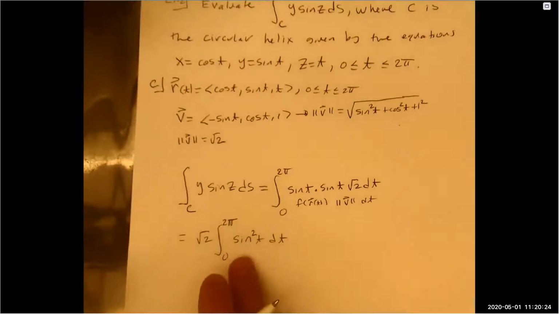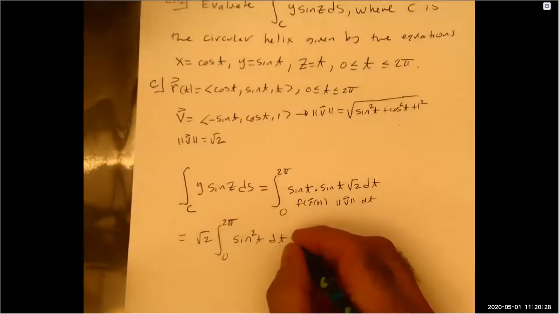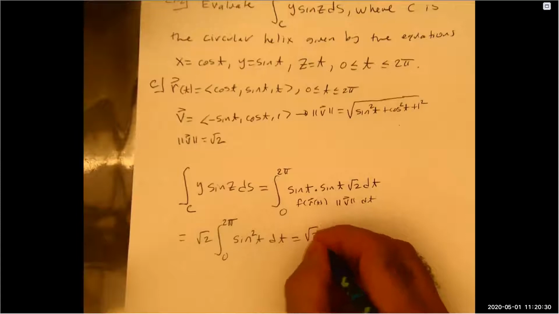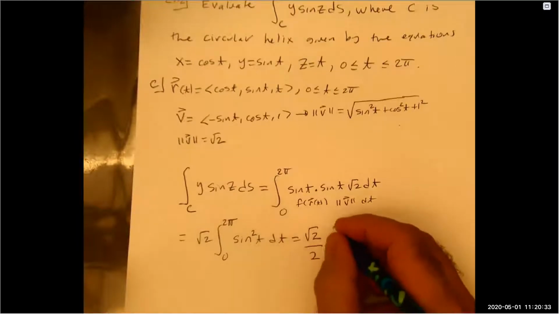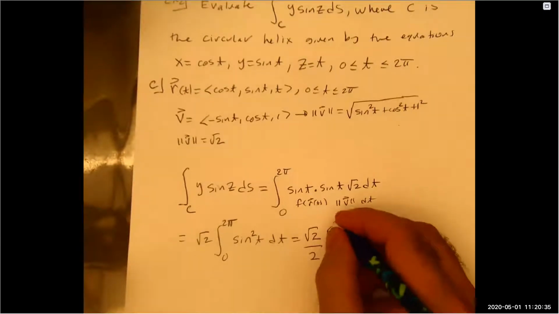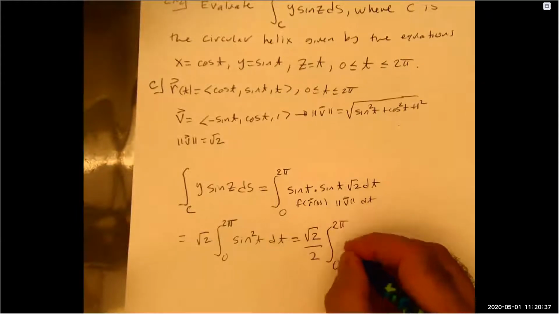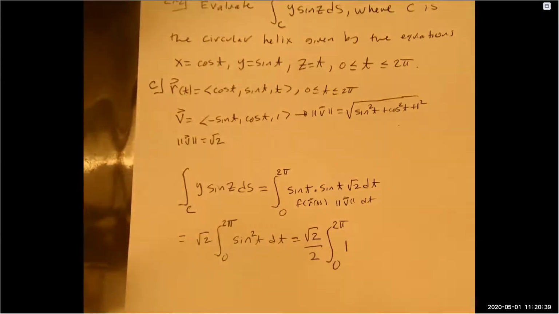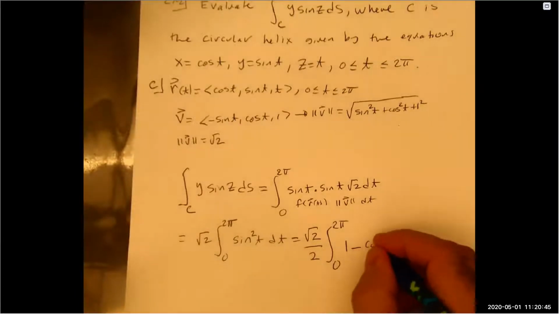So remember with this one, we do the power reduction. Is how we would do that. Right. So this is going to be equal to root 2 over 2. And then we'll have 0 to 2 pi. And then 1 what? Minus cosine of 2t.